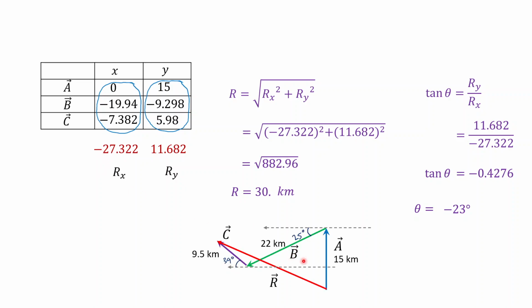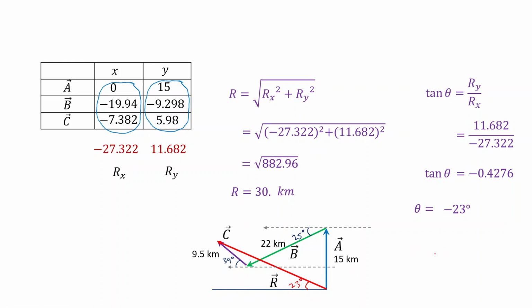Now if you look at this figure, this is the resultant vector. This angle is this. The vector is here. This is west. So this vector is north of west.